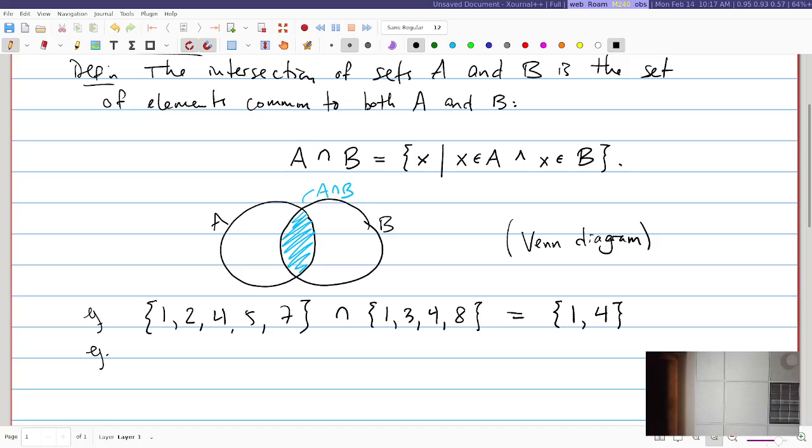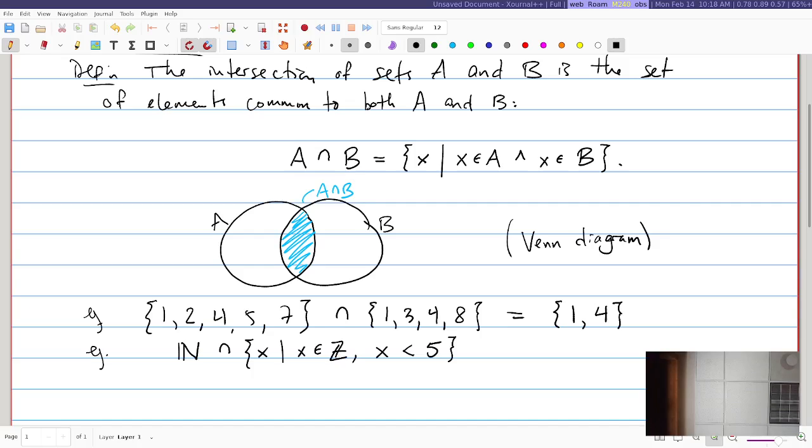If I say the intersection of the natural numbers with {x such that x is an integer and x is less than 5}, okay, this set is 1 to infinity.